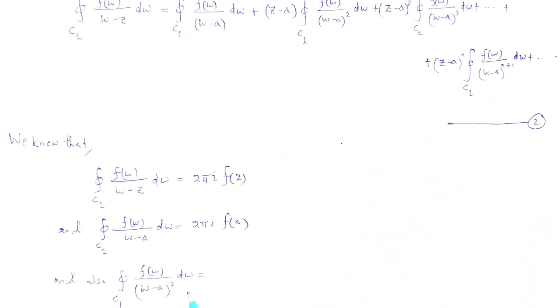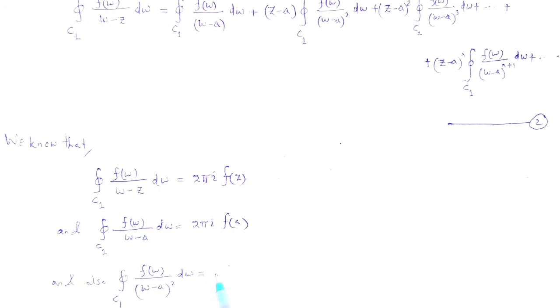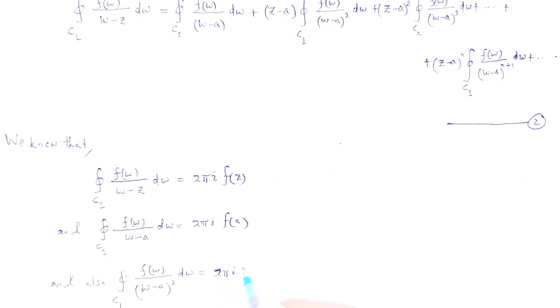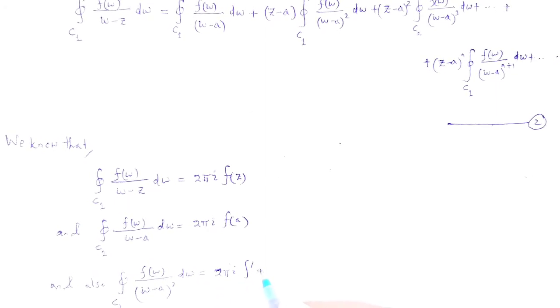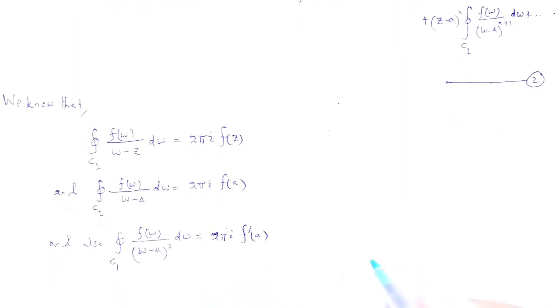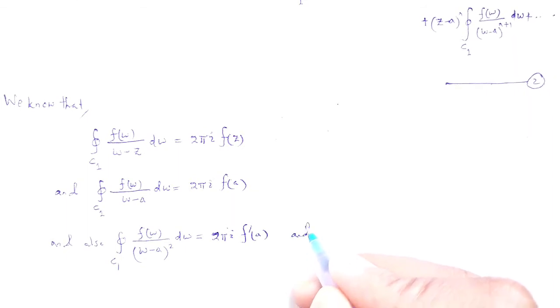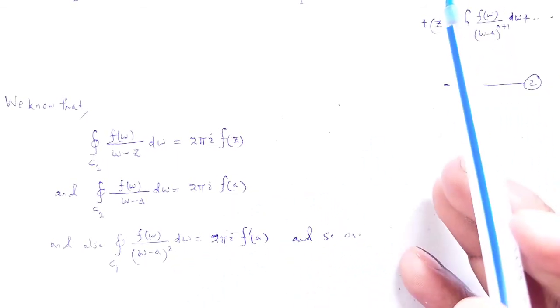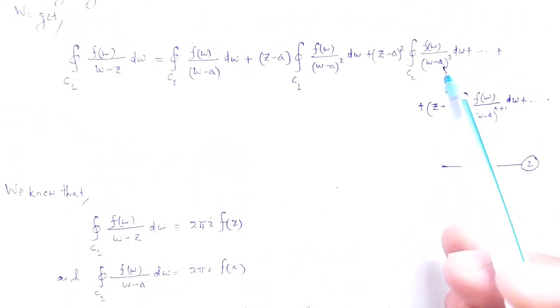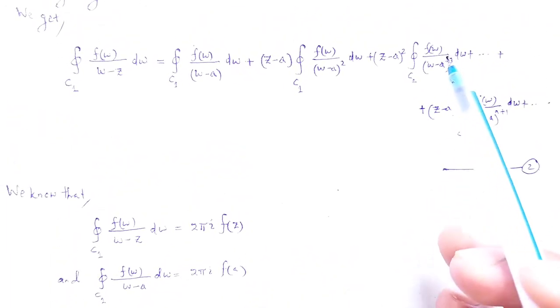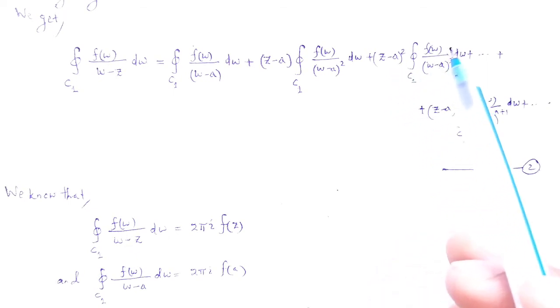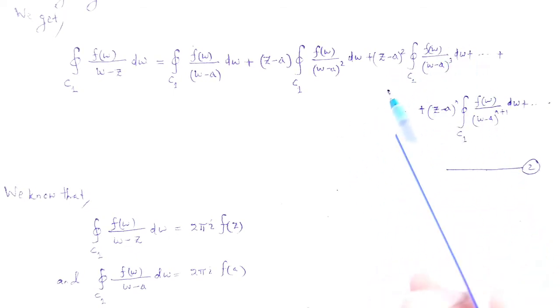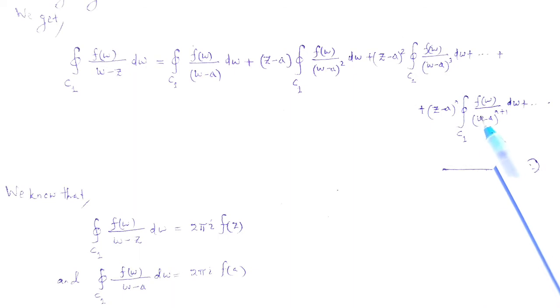We study about the derivative of analytic functions. So, here we prefer it as 2πi times the first differentiation at a and so on. It proceeds. For cube we have 2πi divided by 2 factorial and f double dash, that is the differentiation of analytic functions by using Cauchy's integral formula.